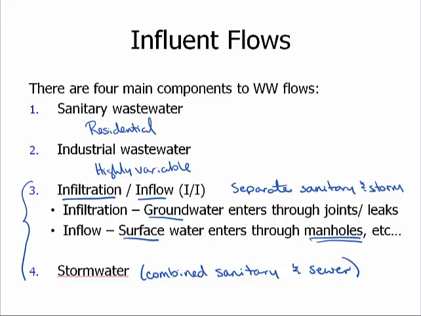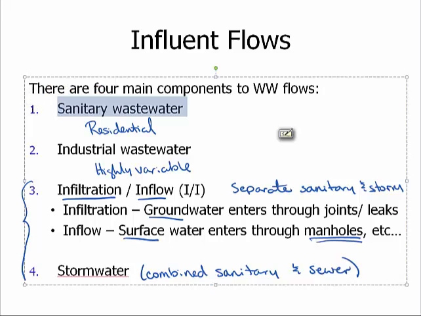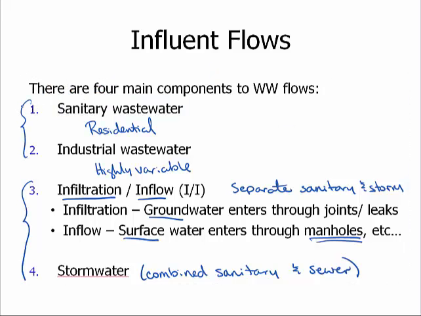To just summarize this tutorial, there are 4 types of flow rates that enter a plant. Sanitary and industrial contribute to dry weather flow.